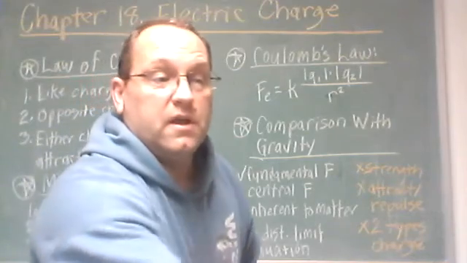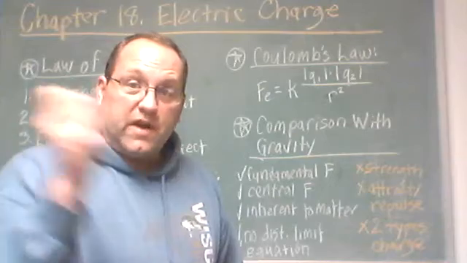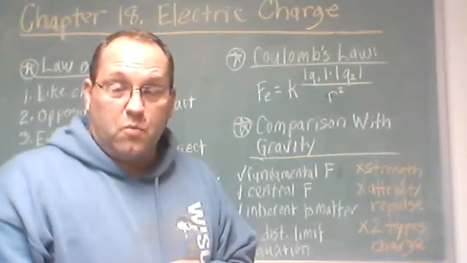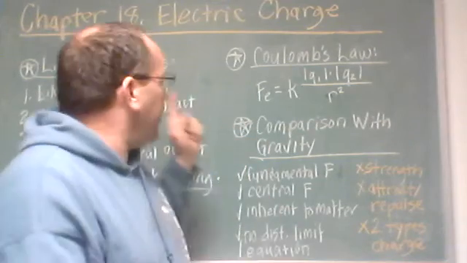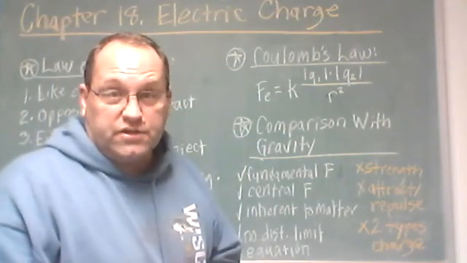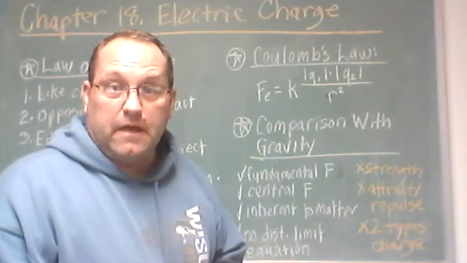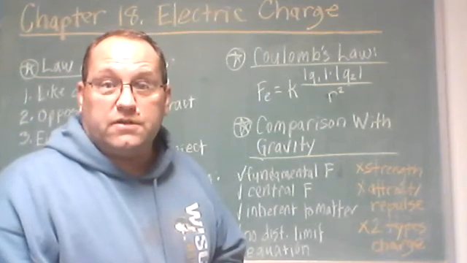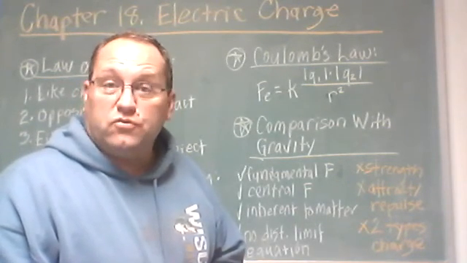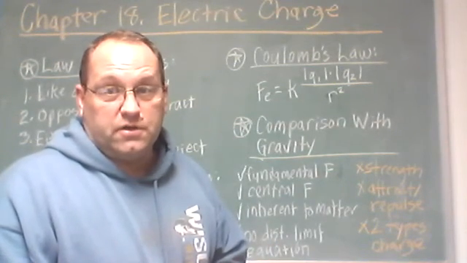We're going to be charging things and transferring that charge to our electroscope, and you're basically going to be verifying our laws of charges: that there are two charges, that like charges repel, opposite charges attract, and that neutral bodies will be attracted to either of those charges.